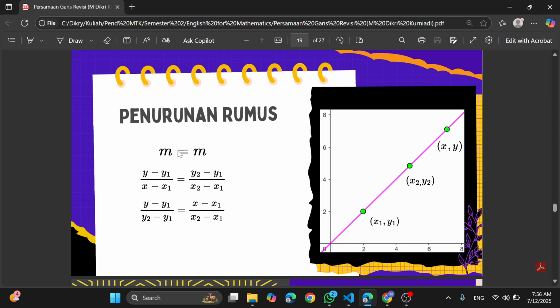The gradients are equal: y minus y1 over x minus x1 equal y2 minus y1 over x2 minus x1. So y minus y1 over y2 minus y1 equal x minus x1 over x2 minus x1. So the line will pass through the 3 points.